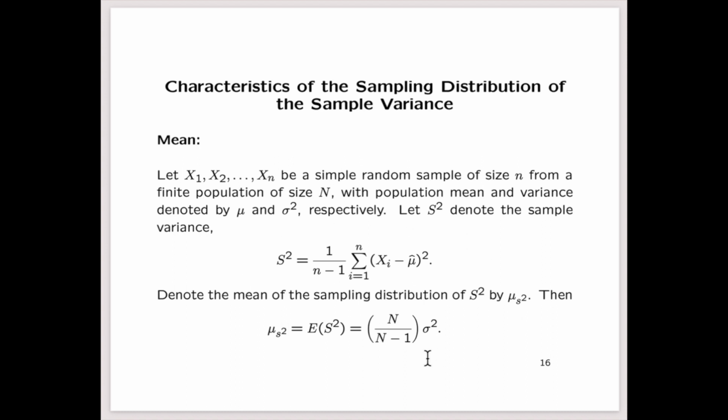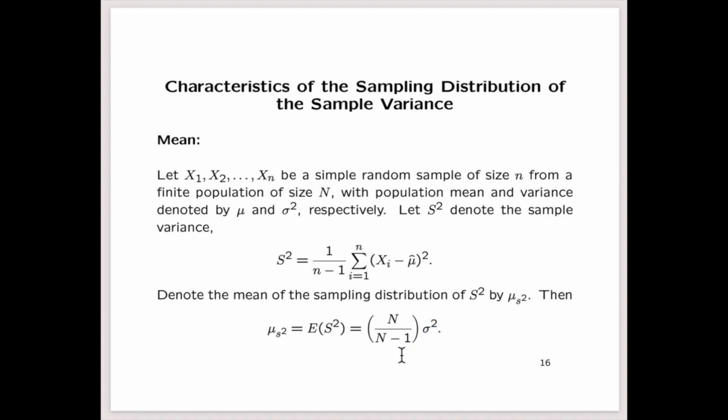So again, going back to slide 16, we see the formula given by the theory for the mean of the sampling distribution of the sample variance. We can tell by the formula that this is going to be larger than the population variance.